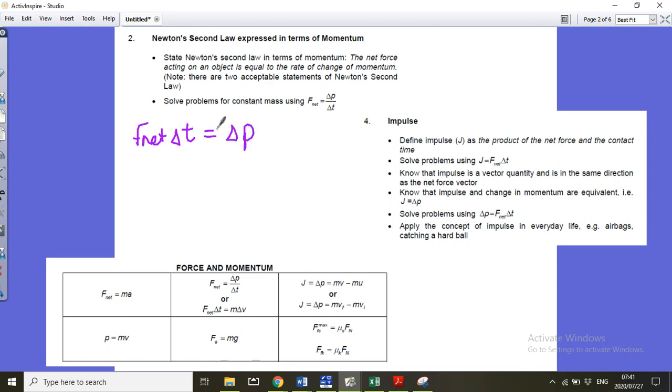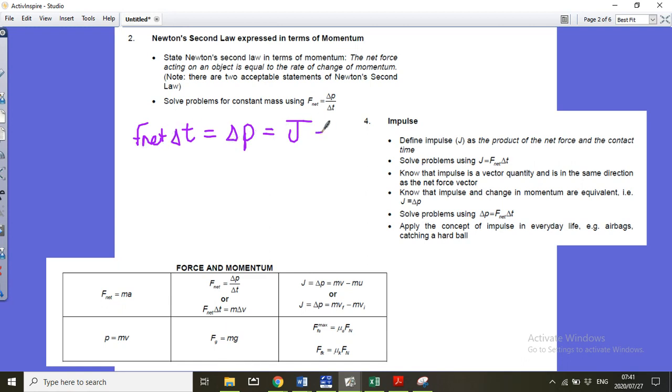And when you have it in this form, it actually gives us the definition of impulse. And you have a symbol for impulse now, that is J. So impulse is equal to the change in momentum is equal to F net delta t.